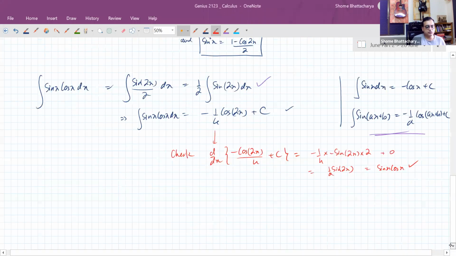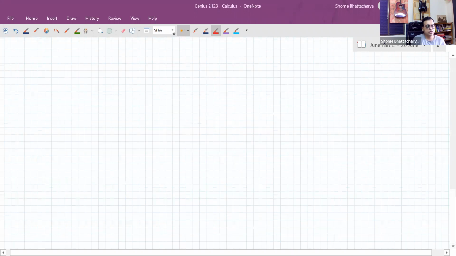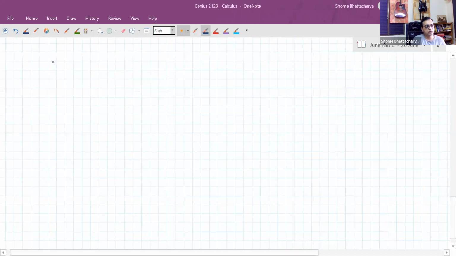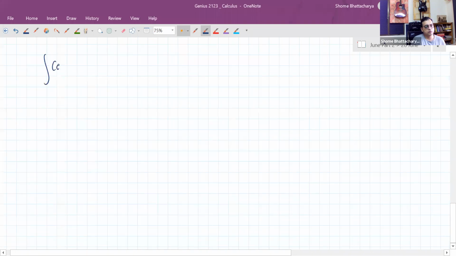Okay, so now similarly, if we have the integration of cos square x, then what we have to do here is express it as 1 plus cos 2x divided by 2, like this.